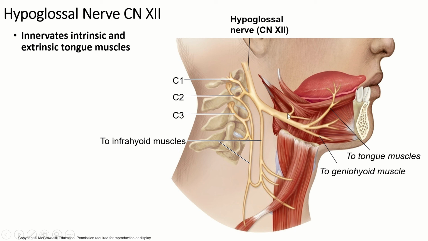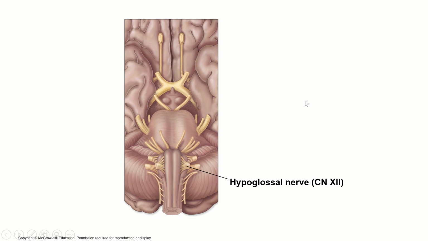And it's going to control the muscles that move the tongue and the muscles of the tongue. So we have a bunch of muscles that all end in glossus that move the tongue, and then a bunch of intrinsic muscles within the tongue that move the tongue, that are the tongue. So all of those, hypoglossal, and that is number 12.